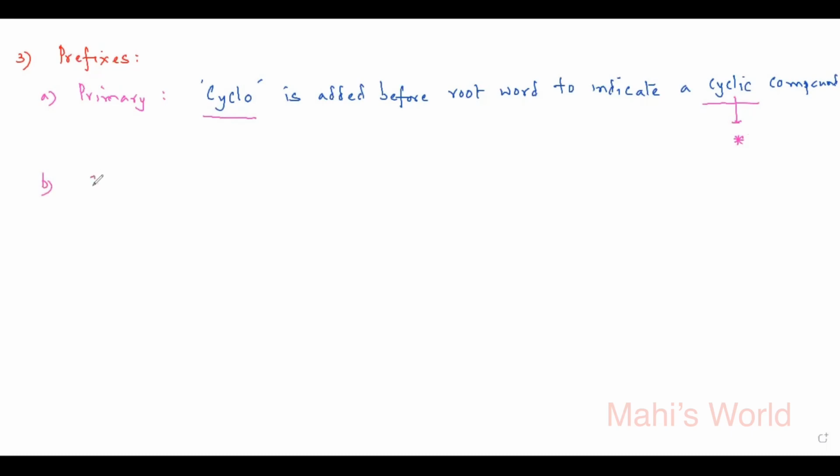So that is a primary prefix. Now coming to the secondary prefix, a secondary prefix is written before primary prefix. Sometimes this may not be there before primary prefix. If primary prefix is missing, then it has to be written before the root word.